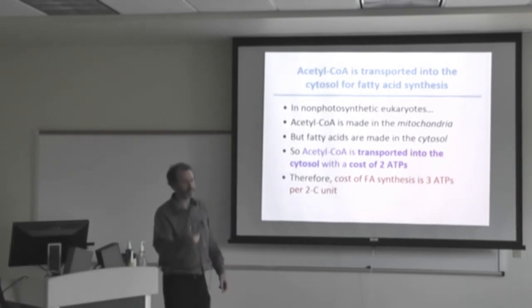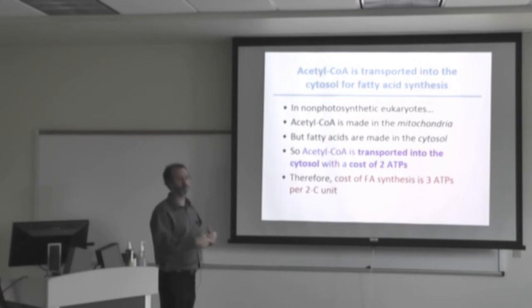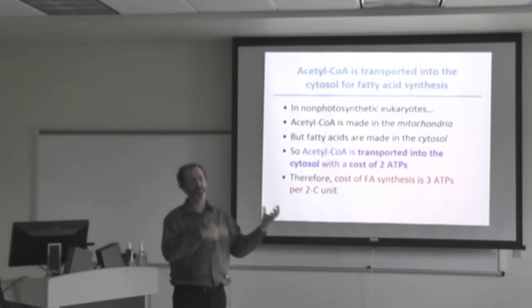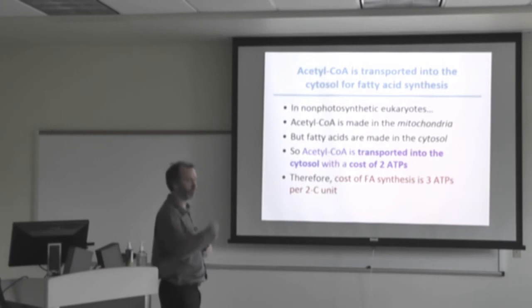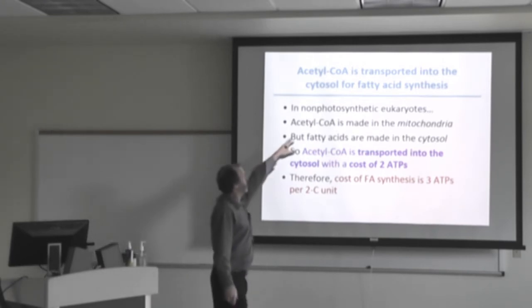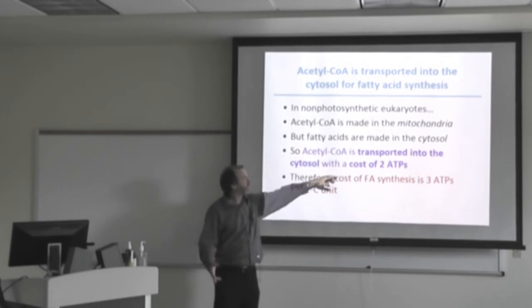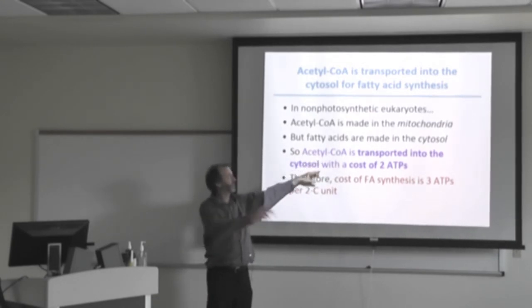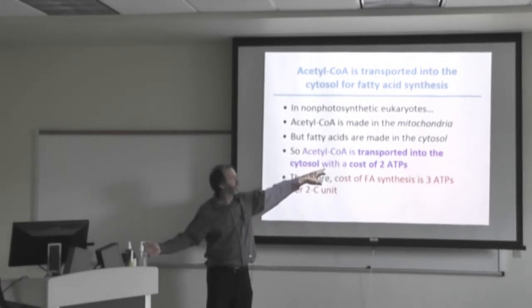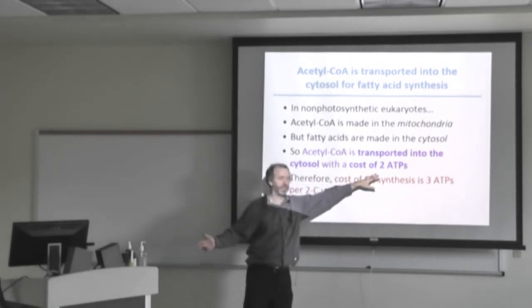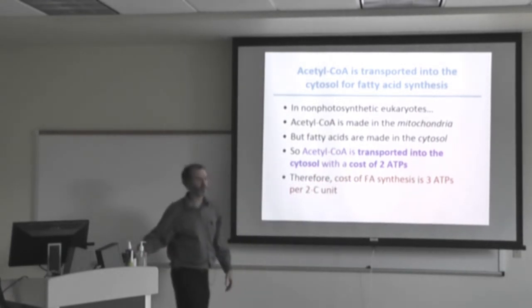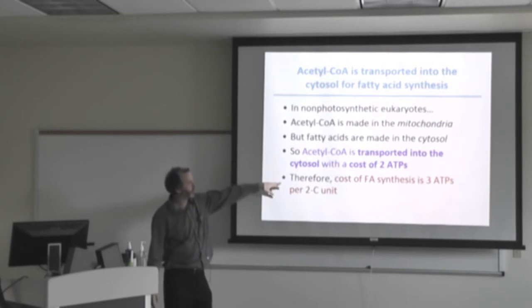We get acetyl-CoA made in the mitochondria that would be used for the TCA cycle, but if you have a high energetic state of the cell, that acetyl-CoA would be better stored as energy rather than burned, right? So acetyl-CoA is made in the mitochondria, but fatty acids are made in the cytosol, so this acetyl-CoA has to be transported into the cytosol, and that costs energy to transport across the mitochondrial membrane.